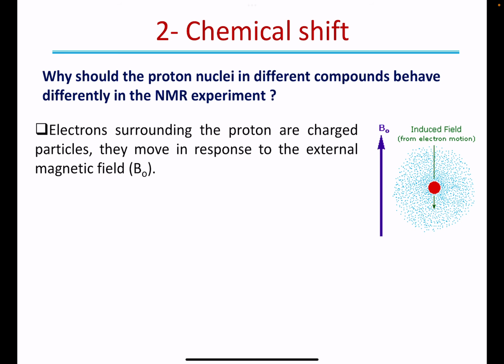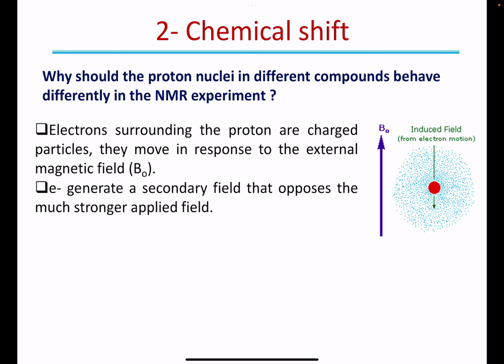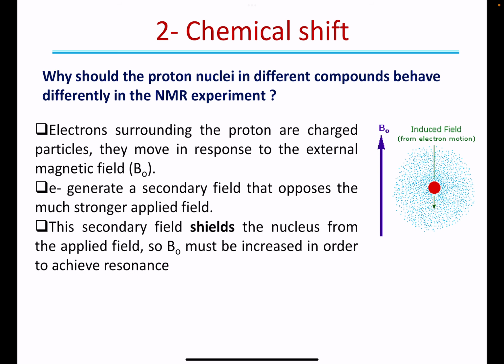Electrons surrounding the protons are charged particles, and they move in response to the external magnetic field. The electrons will generate a secondary magnetic field which is opposite to the external magnetic field. So the secondary magnetic field will shield the nucleus from the applied field, or from the external magnetic field.